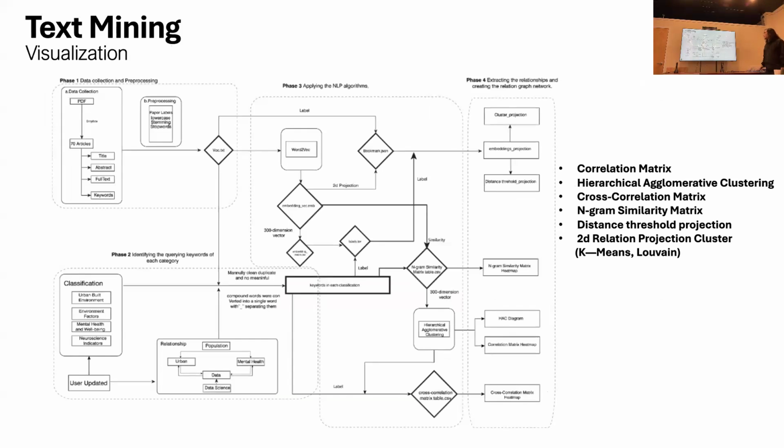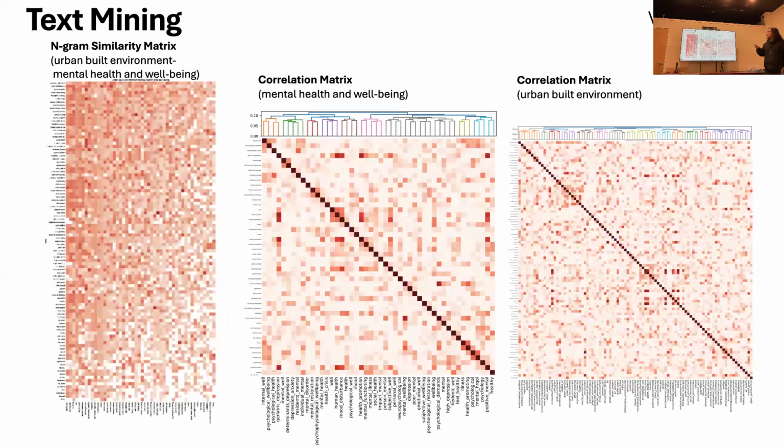We visualize six diagrams: the correlation matrix, hierarchical clustering, cross-correlation matrix, n-gram similarity matrix, and 2D projection cluster. These are the results of the different visualizations. How do we read this?